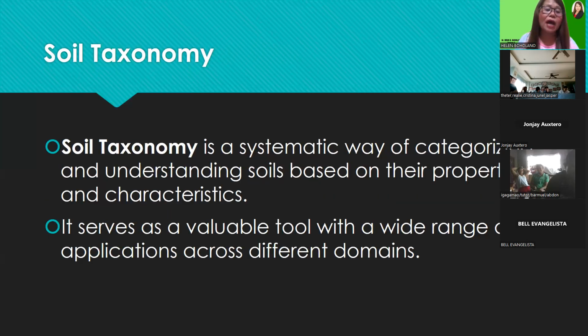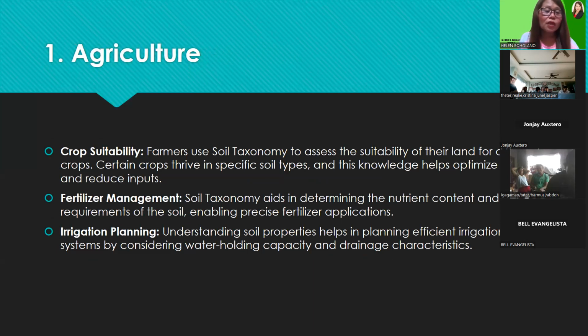Now, in terms of agriculture, crop suitability. It was reiterated several times that farmers need crop rotation for the crop suitability of the land.